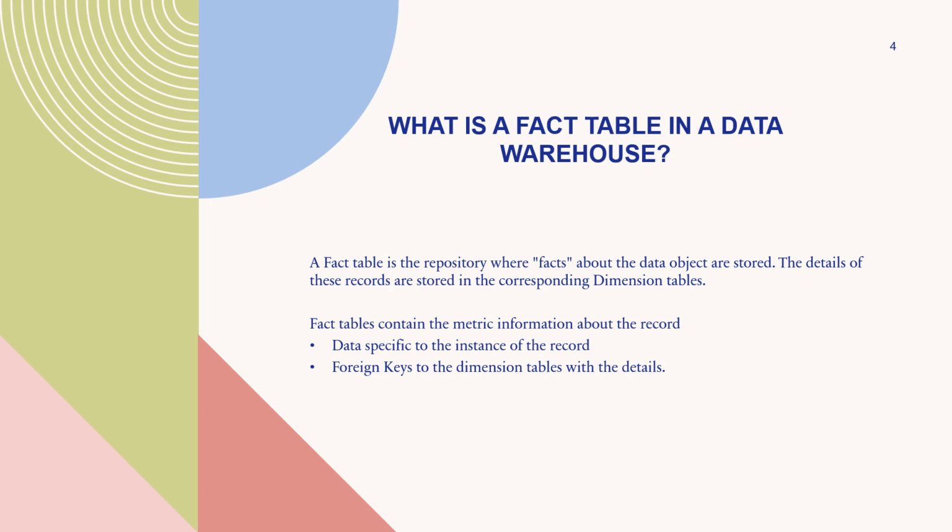An example of this is the mutual agreements or contracts that each of our clients signs. In the data model for this, the fact table is the mutual agreement table. This stores the records with the metric information, such as the dates related to when that instance of the mutual agreement was created, and what are the foreign keys to the dimension tables that allow the system to build a specific mutual agreement for a particular client.